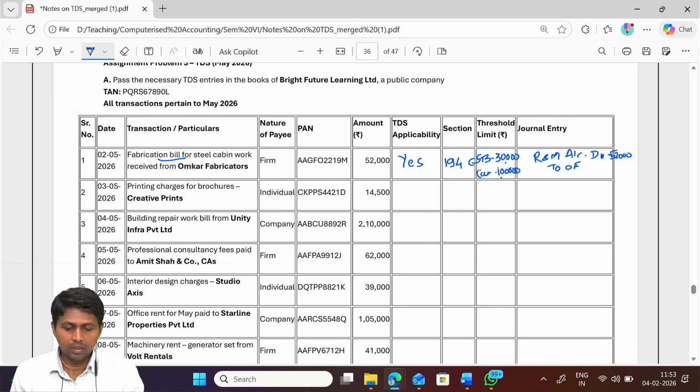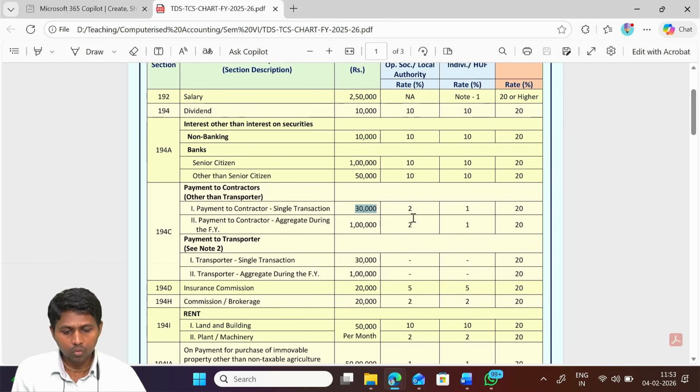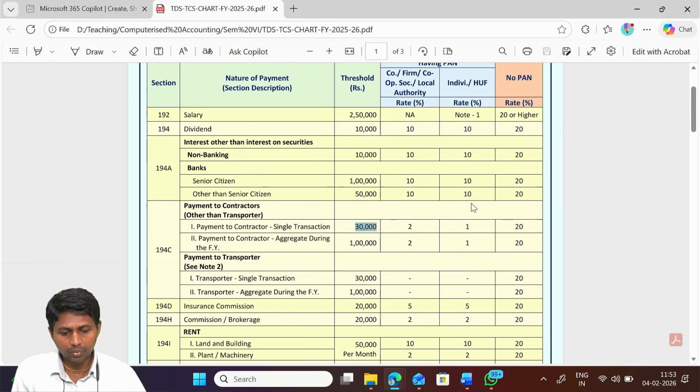But in TDS, what the government is saying is, instead of paying the full amount to Omkar Fabricators, deduct the tax at source and give that tax to us. Therefore, don't give the whole 52,000 to Omkar, deduct something as tax and pay that to the government. How much to deduct? For that you can definitely refer to the chart. Here they are saying rate 2%, and here rate 1%.